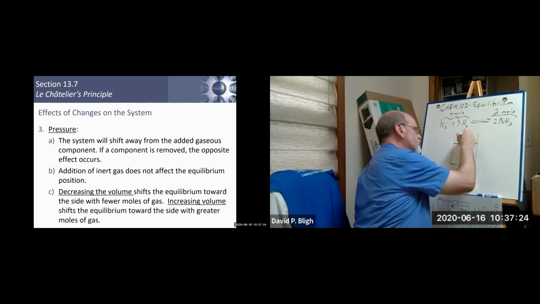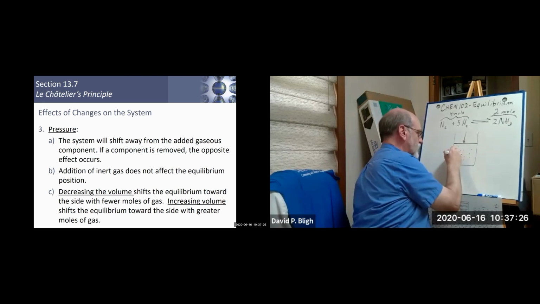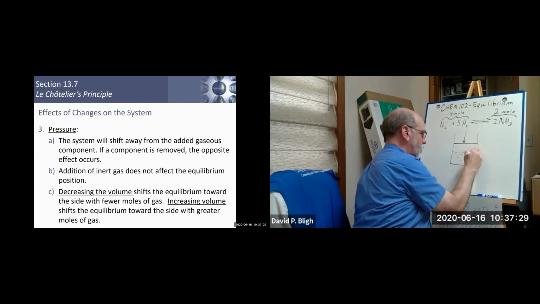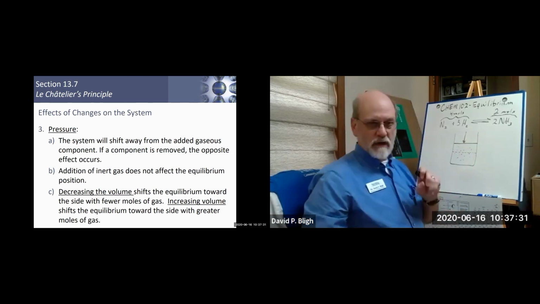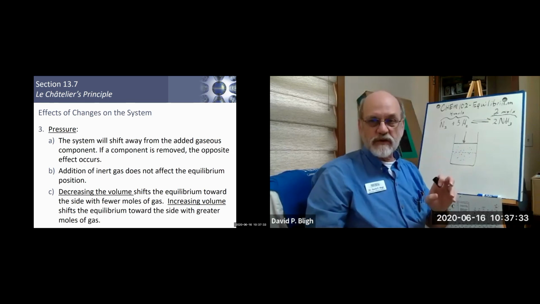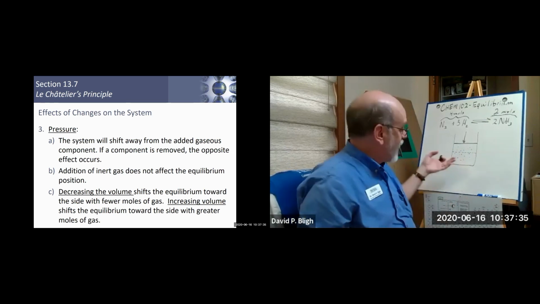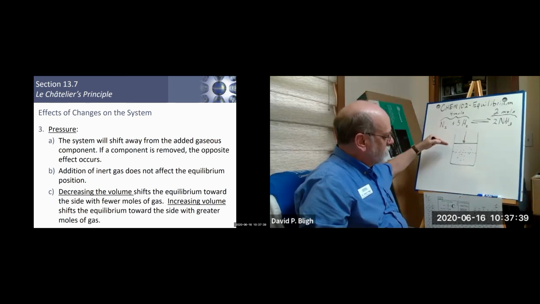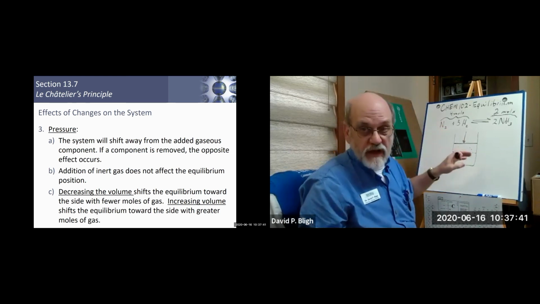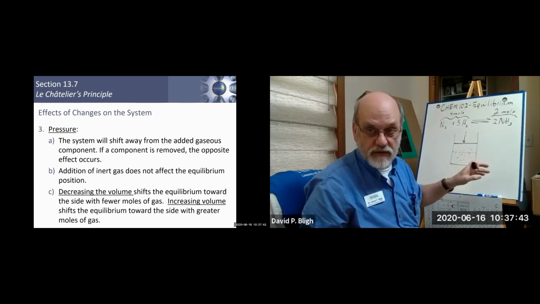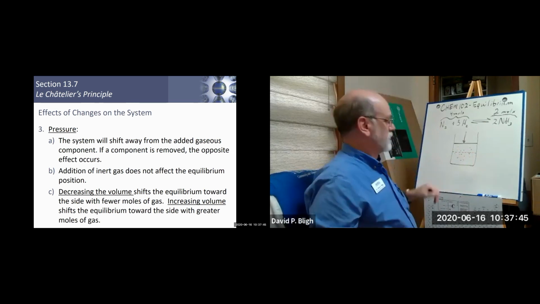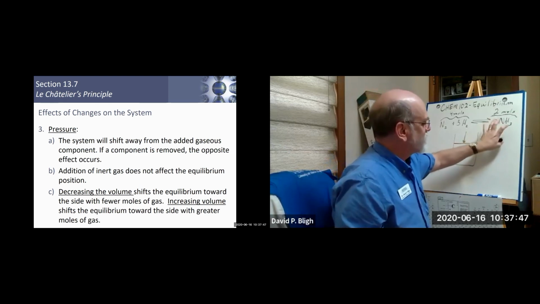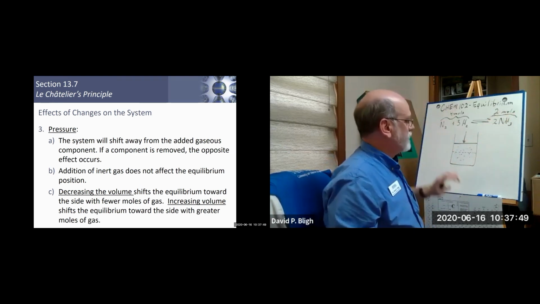And we're going to decrease the volume. So we're going to go down to here. How is the system going to respond? Well, what's actually happening? By decreasing the volume, you're increasing the concentration of the gases. You're giving less space for that and less space for that.